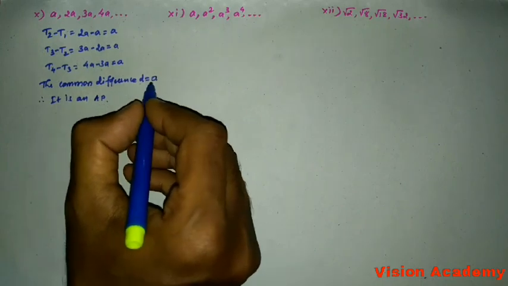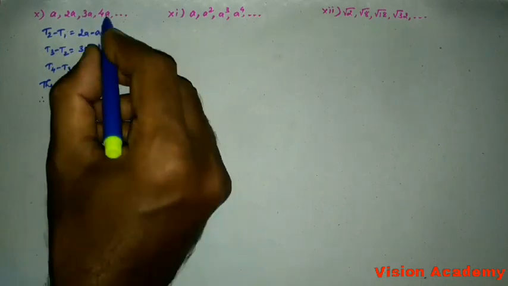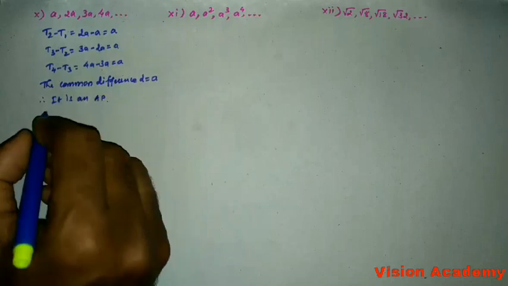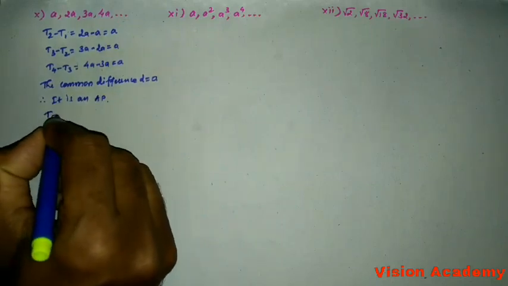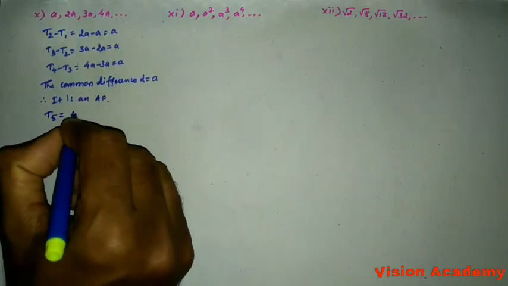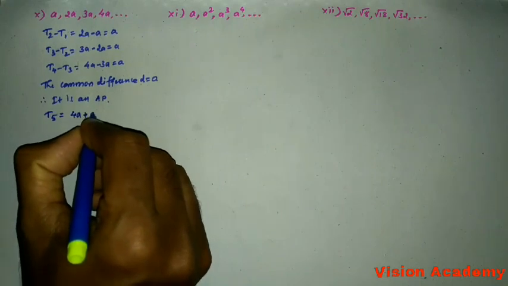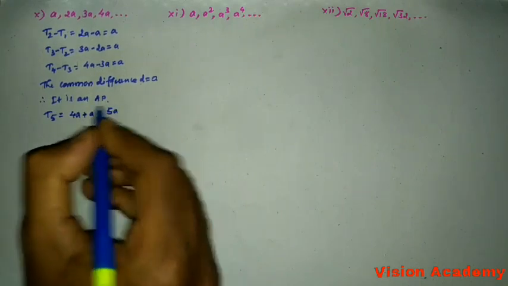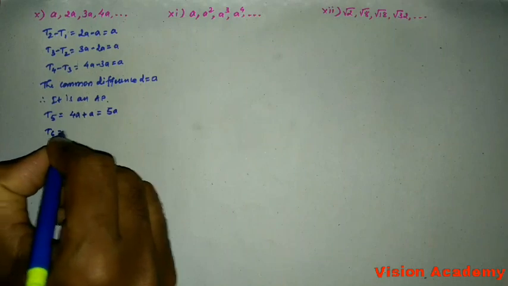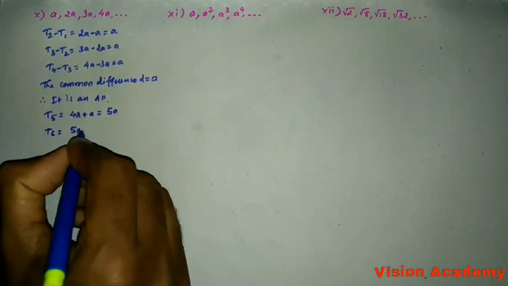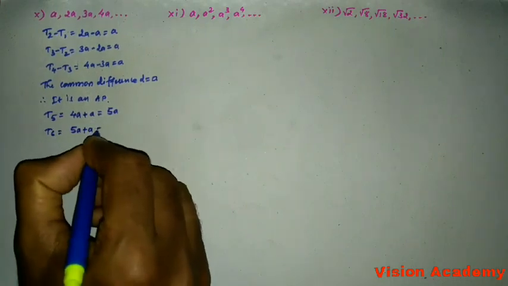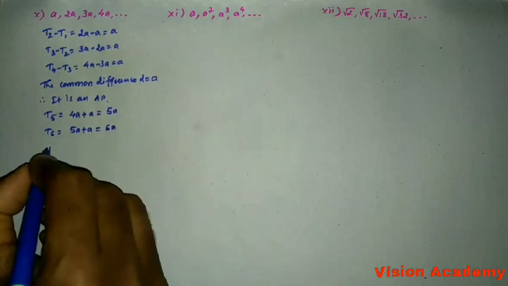Now we can add this a to the last term to get the next term. So let us write T5 is equal to 4a plus a is equal to 5a. T6 is equal to this 5a plus common difference a is equal to 6a.